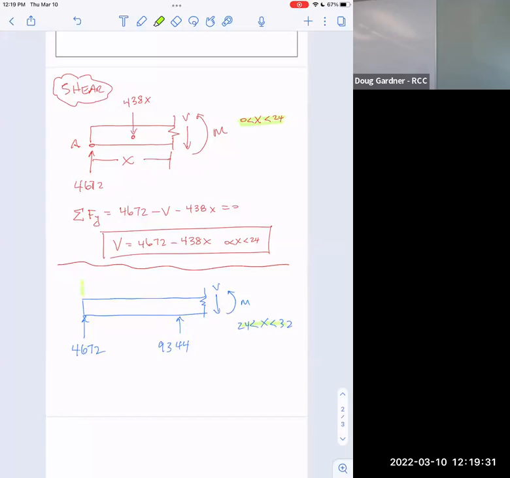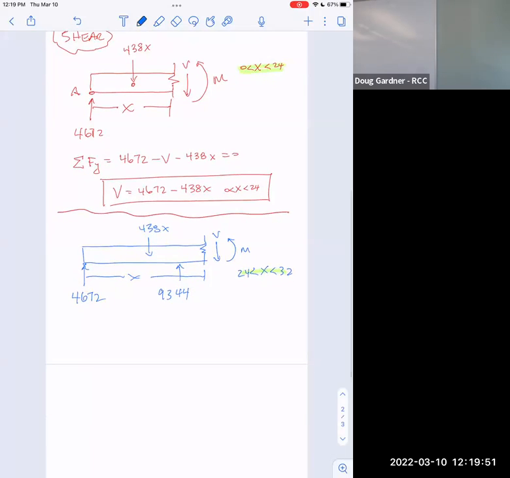Now, it hasn't changed. X is still this distance all the way to wherever we are. We still have in the middle of that 438X pushing down. So nothing has really changed except for when we make our shear calculation. I'm just going to have that 93.44 in it.